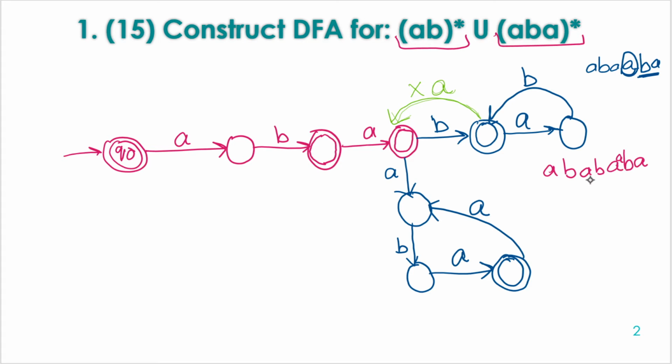So we cannot mix these patterns. Once the pattern is identified, this string must not be acceptable, but if we move this way, then this string will be accepted by the DFA.